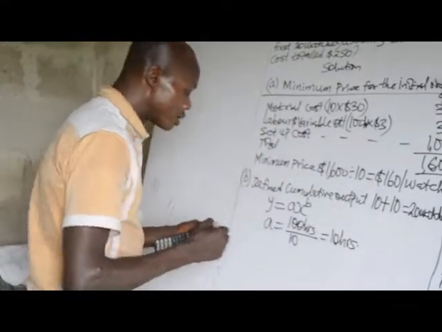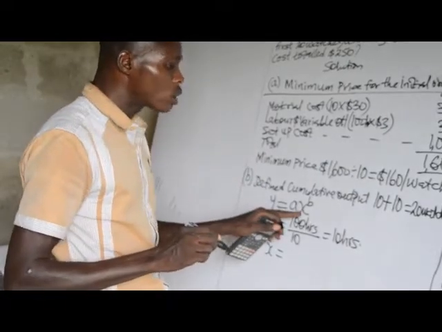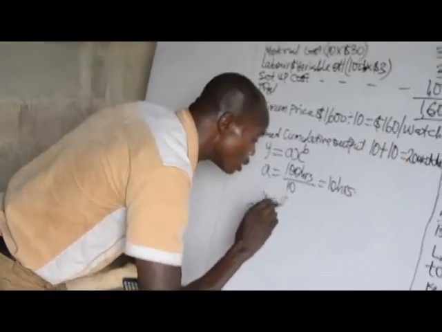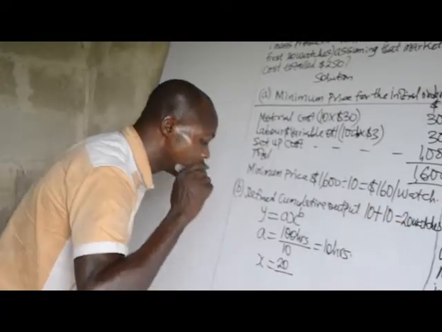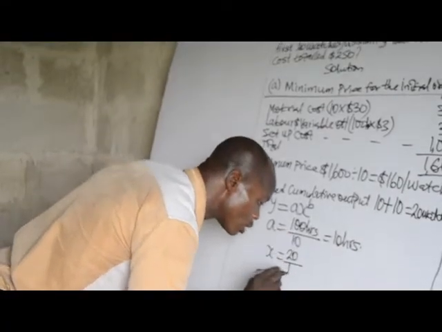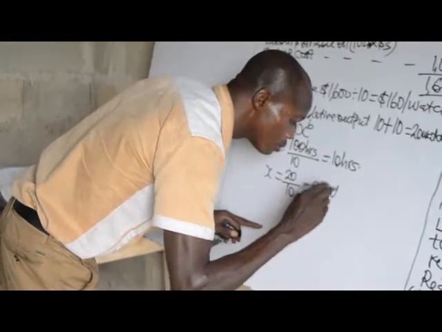Then X is defined cumulative output over number of units in the first batch. Our defined cumulative output is 20 washes, and the number of units in the first batch is also 10. So we have 20 divided by 10. That will give us 2.